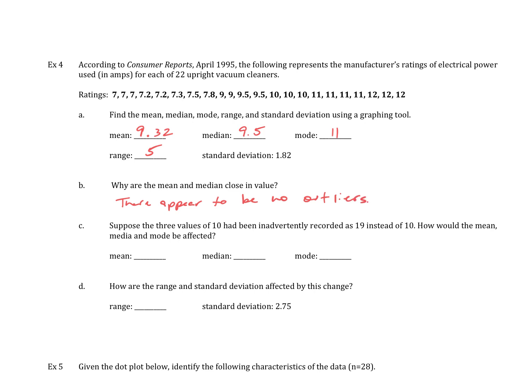C says, suppose the three values of 10 had been inadvertently recorded as 19 instead of 10. How would the mean and median and mode be affected? The mode wouldn't be affected, so this would be no change. And the median likely wouldn't change either because the change happens all to the right of the median.